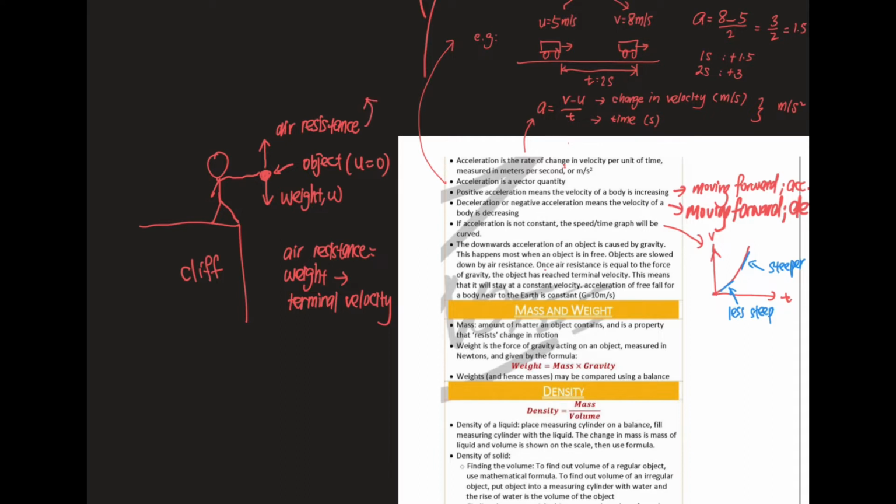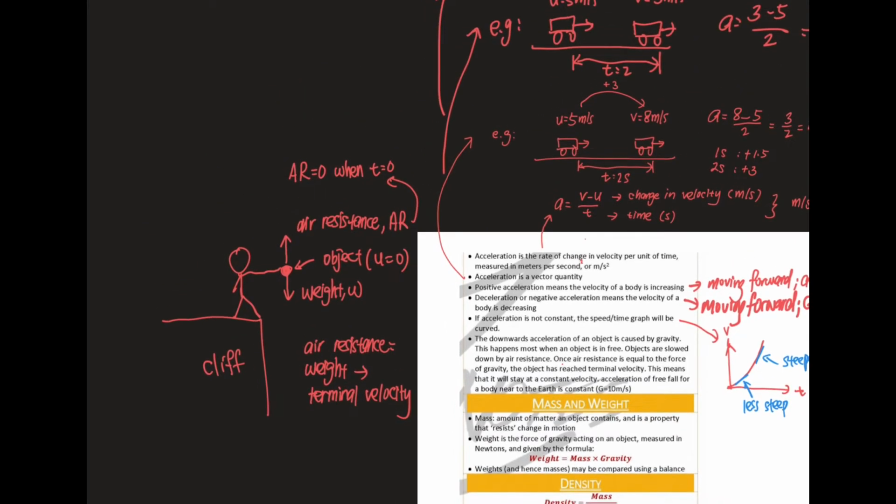Air resistance, I use short form, AR is equal to zero. Basically, air resistance is affected by the velocity. Because the object is stationary at the beginning, no velocity, no air resistance.